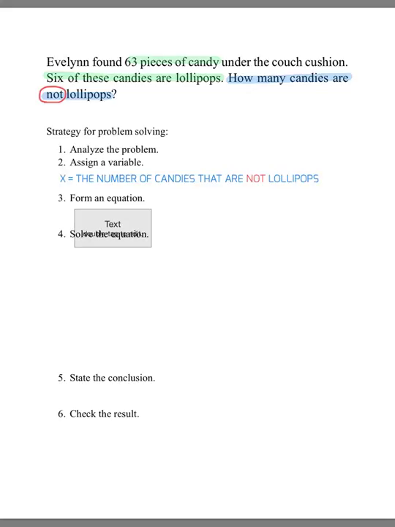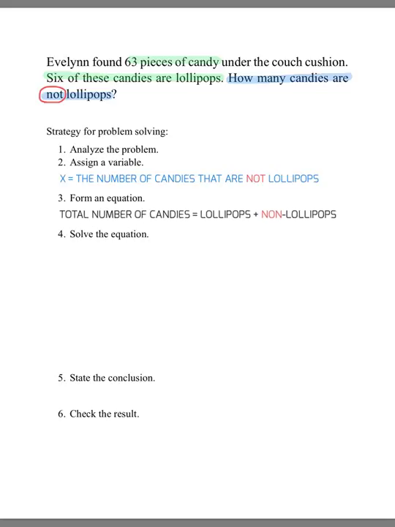So here we go. The total number of candies equals the number of lollipops plus, let me color code this, non-lollipops.